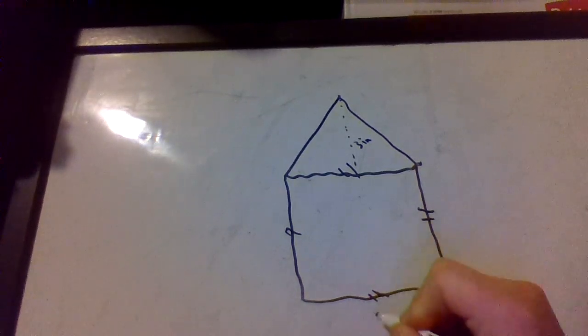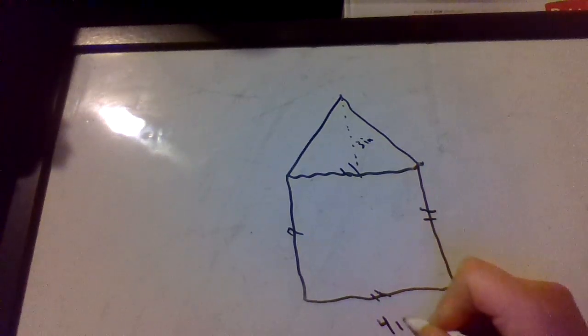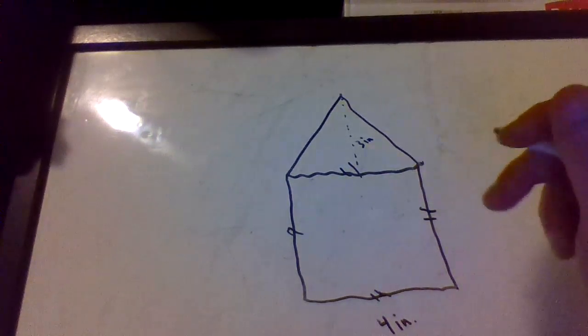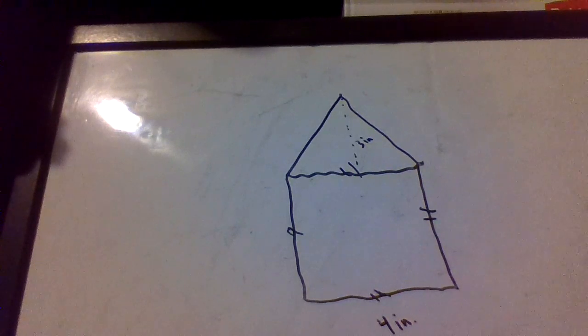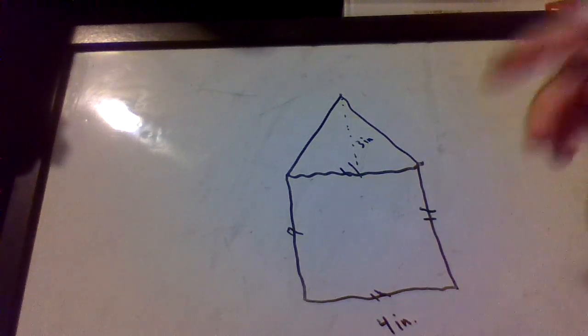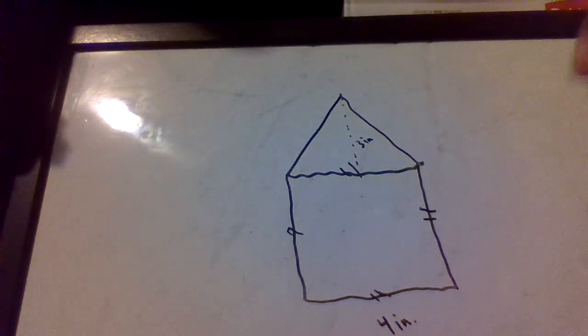We're going to say that this side is 4 inches. Now, this is the only two pieces of information that they're going to give you. And they're going to want to know the area of this entire shape. And here's the way you find it.